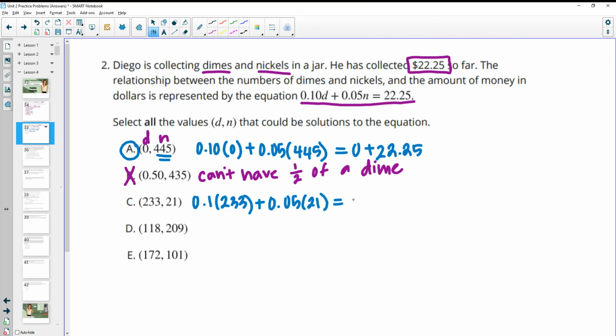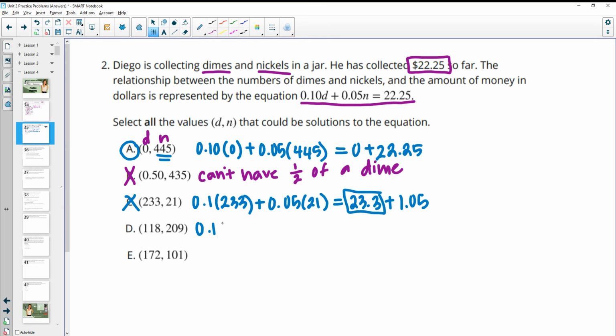So 0.1 times 233 is 23.3. And then 0.05 times 21 gives us 1.05. Although that's already over. You could see right here it was already over his total, so that's not going to be a solution.